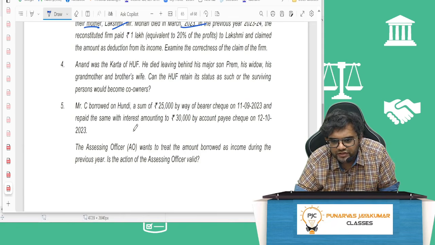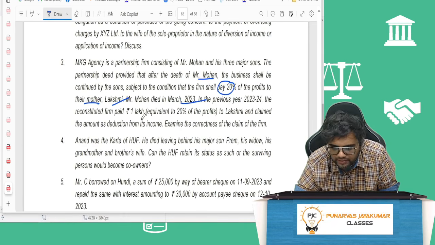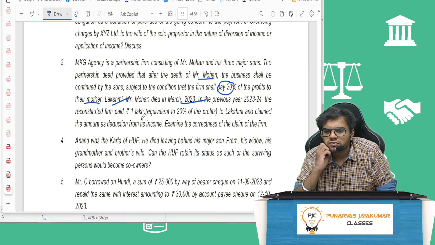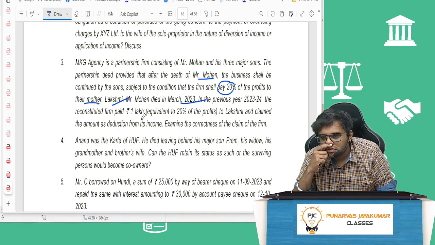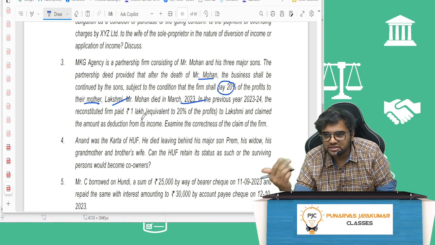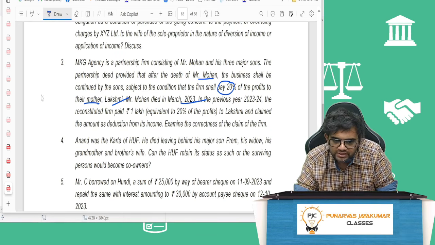Anand was the Karta of HUF. He died leaving behind his major son Prem. No, but they are doing it for the firm. For the firm, is it taxable or not? For the partners, it's exempt. For the firm, this is firm taxation.